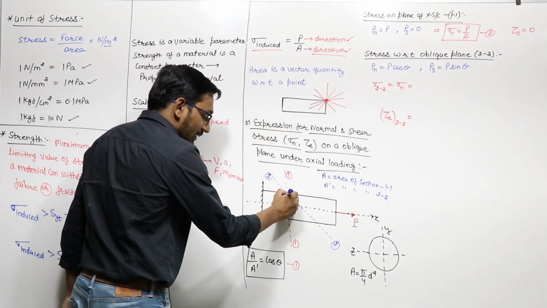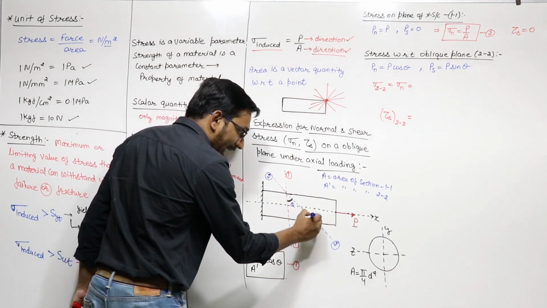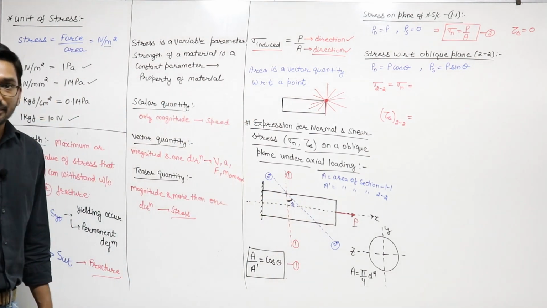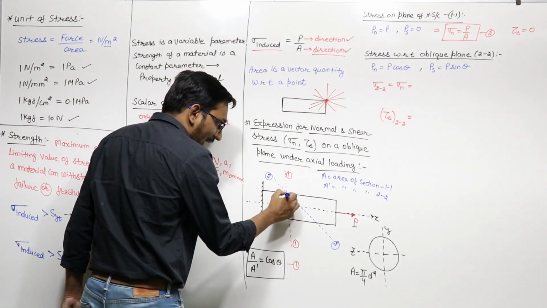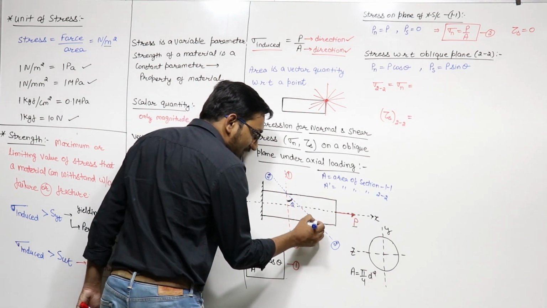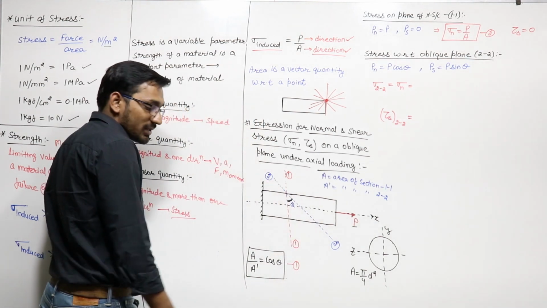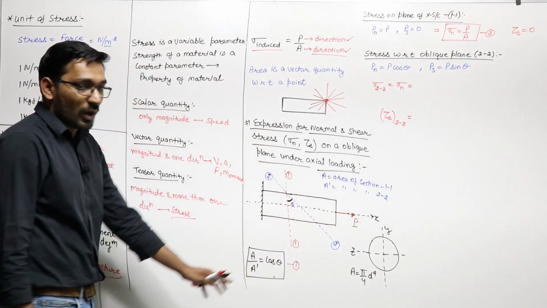So I can write A upon A dash is cos theta, right? Let us say this is equation number 1.